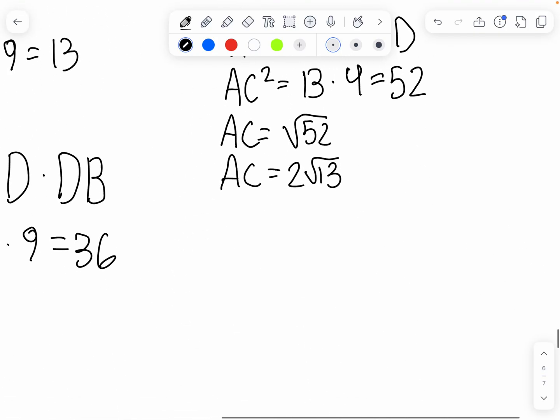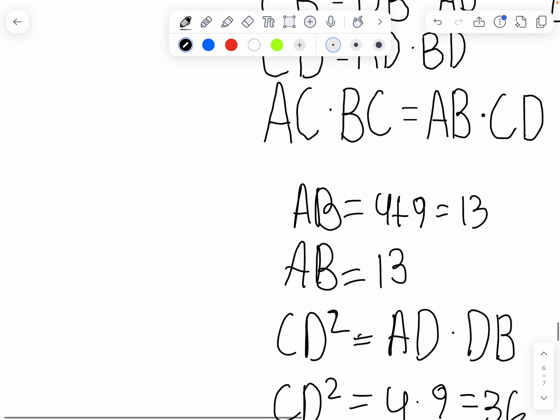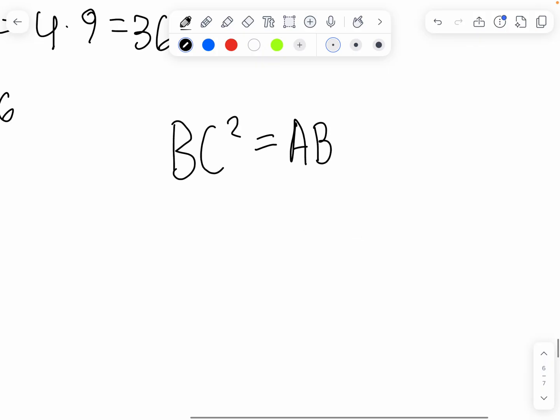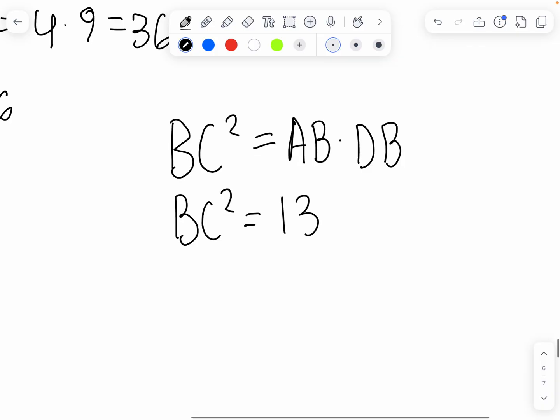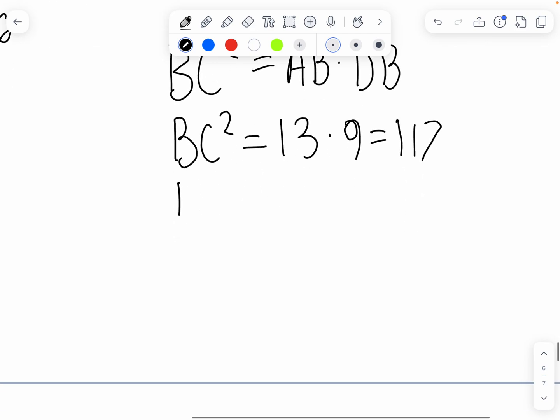And now we have to find CB or BC. So for this, it's BC squared is equal to AB times DB. And BC squared equals 13 times 9, which equals 117.